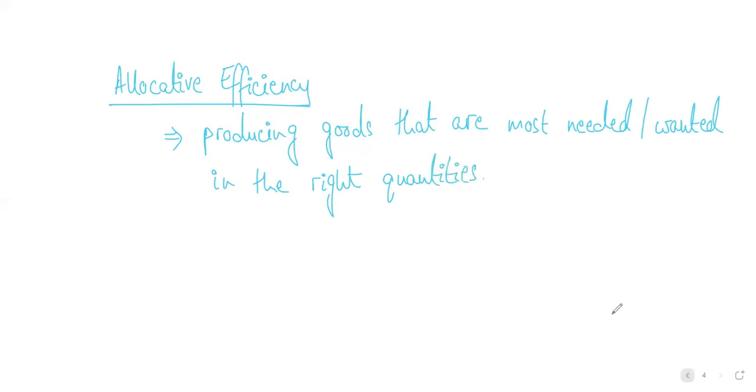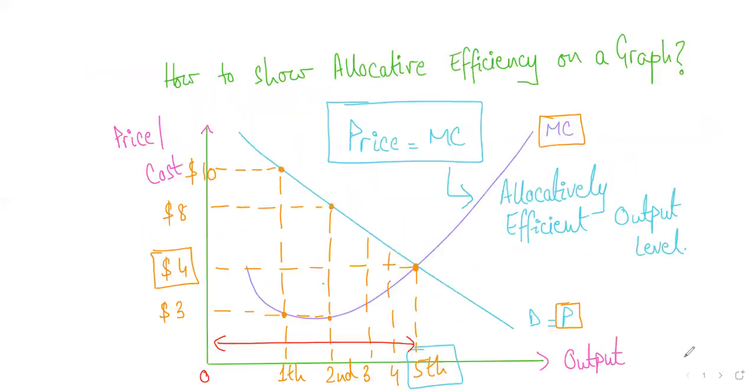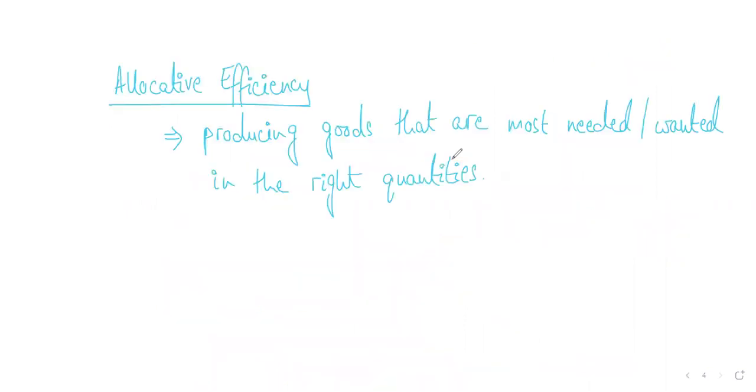If it's still not clear why you should produce up till the level where price is equal to marginal cost, please feel free to ask me again. So a country should produce a good up to the point where the value that consumers place on the good is equal to the cost of manufacturing it.